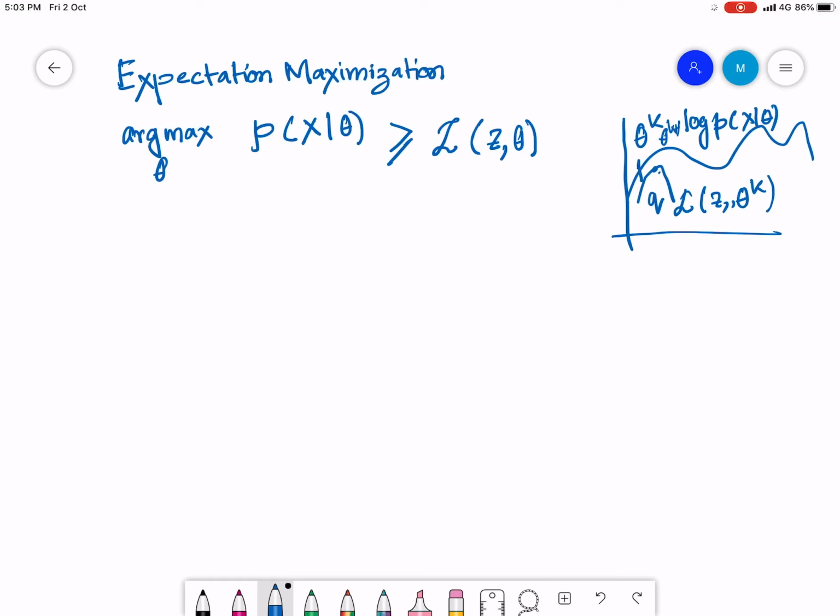We derived this lower bound using the Jensen inequality. Let me write down the expression for the lower bound, and then we will derive the E step. Actually, let me write down the E step and M step, that will make things clear.